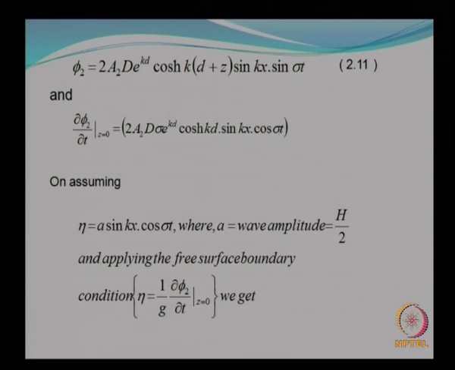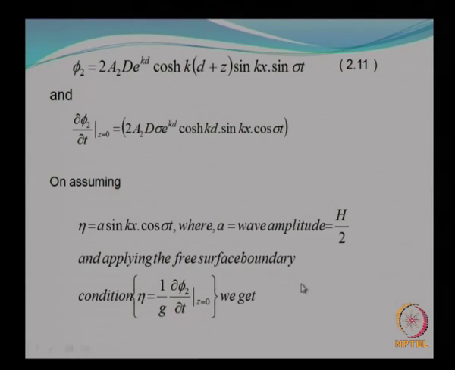Now you see that phi 2 has the form as given here. Now let us assume that eta is equal to a into sin kx into cos of sigma t.